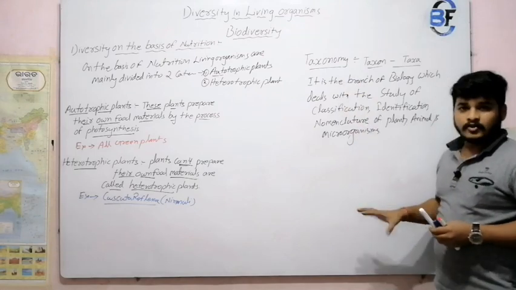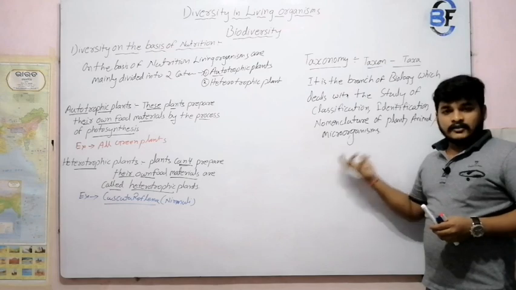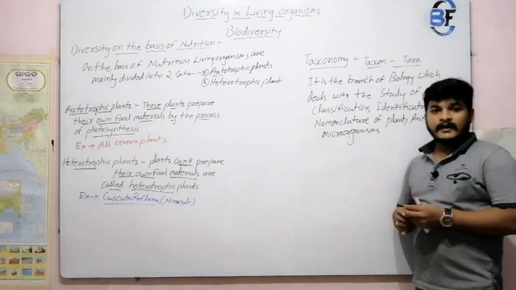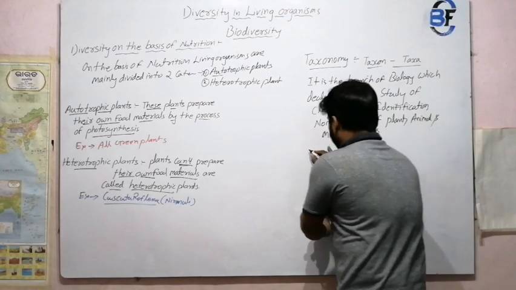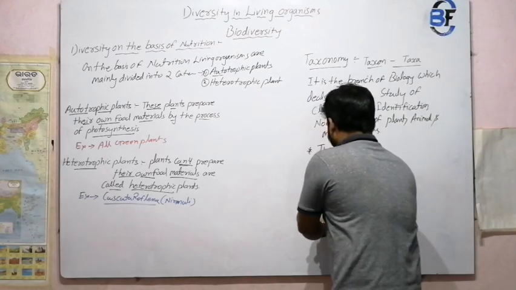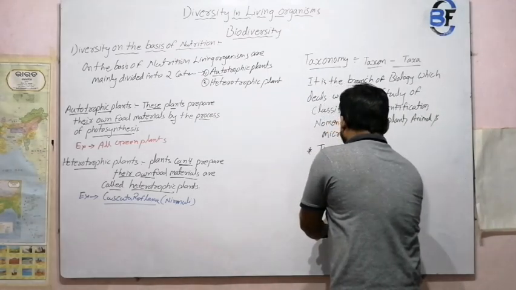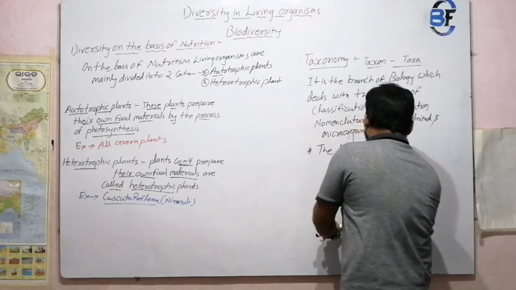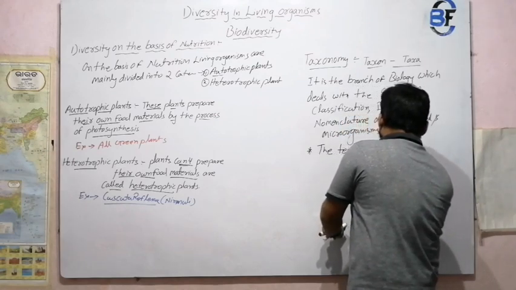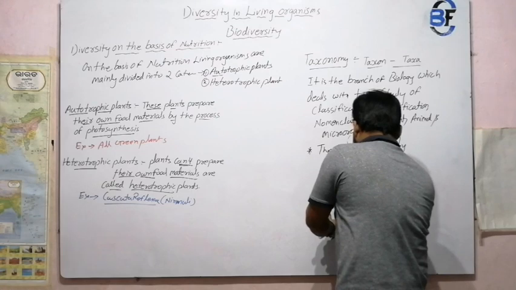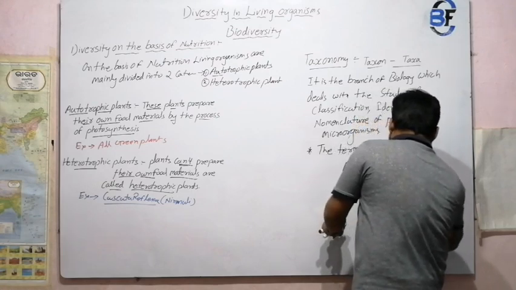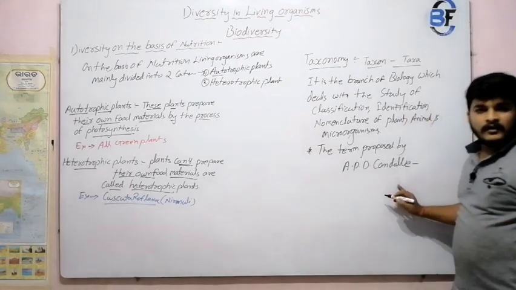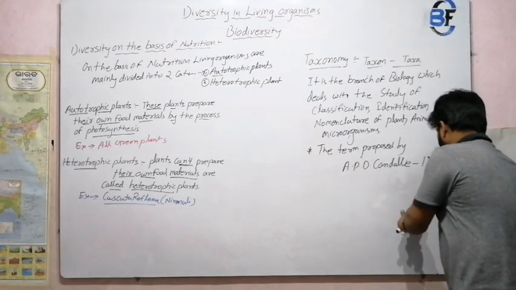The term taxonomy was proposed by a scientist named A.P.D. Kendall in the year 1837.